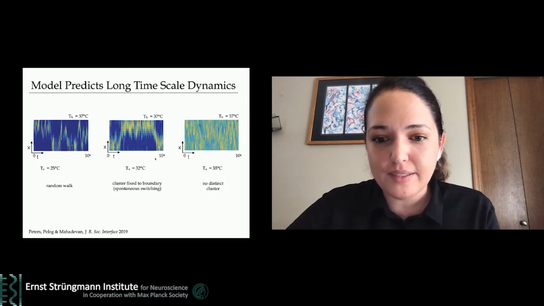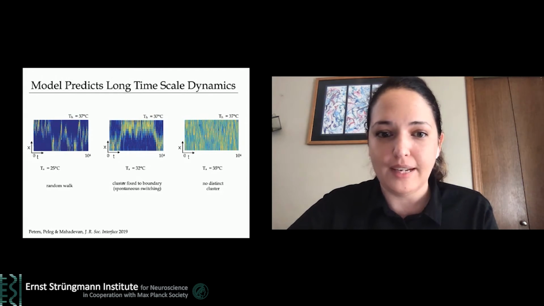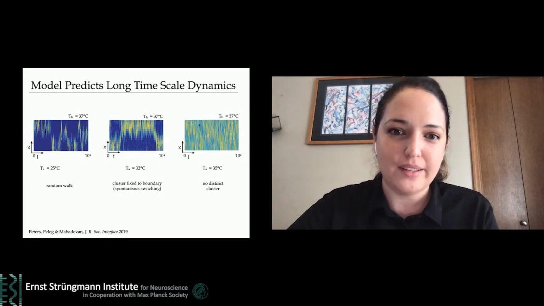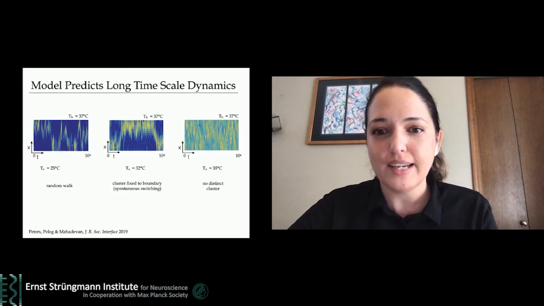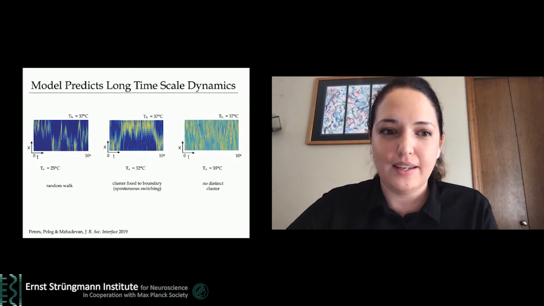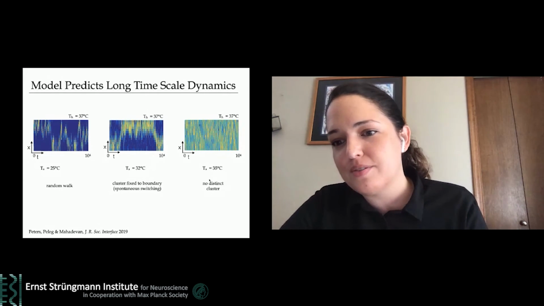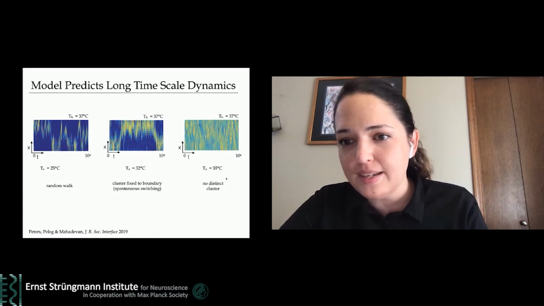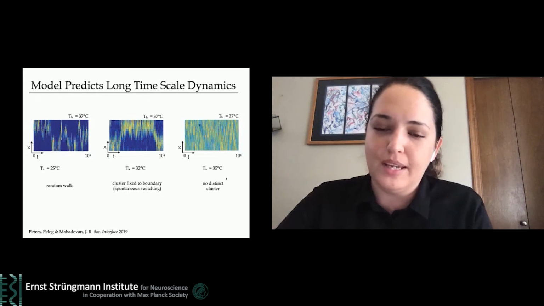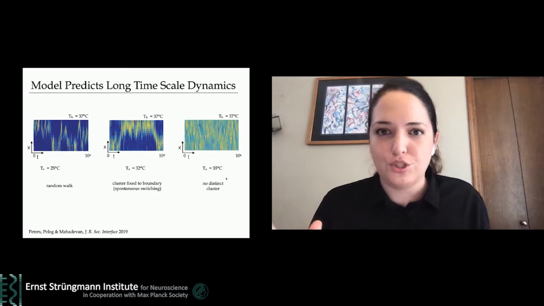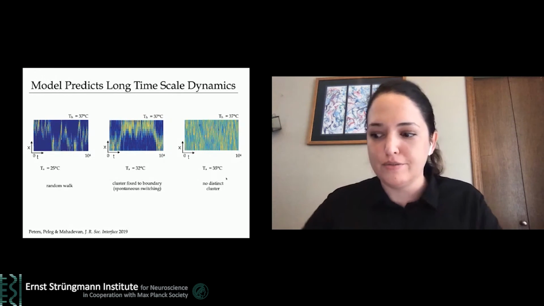At intermediate ambient temperatures, shown in the middle, we still get a cluster that is fluctuating, but it tends to cling more to the sides of the simulation box. And then at really high temperatures, shown on the right side, there's no cluster forming because it's getting really hard to distinguish between the temperature inside the hive and outside the hive.